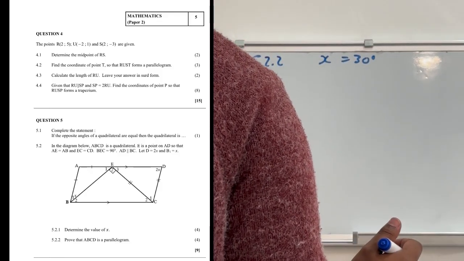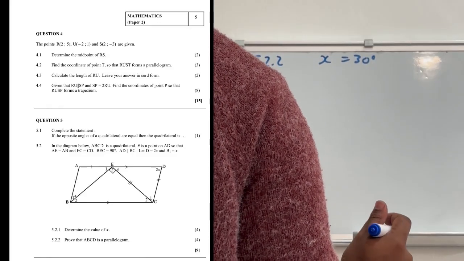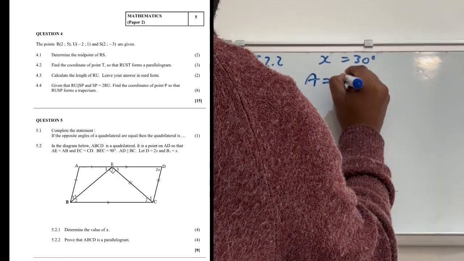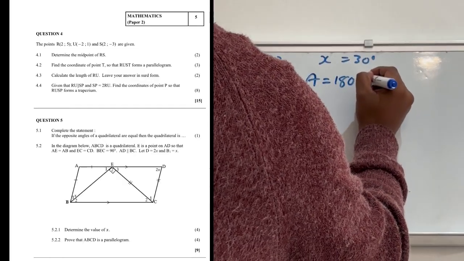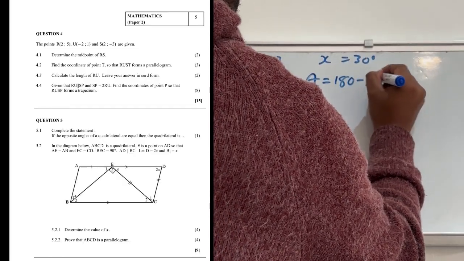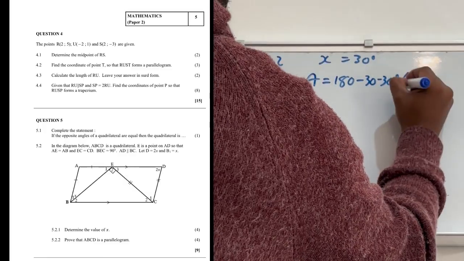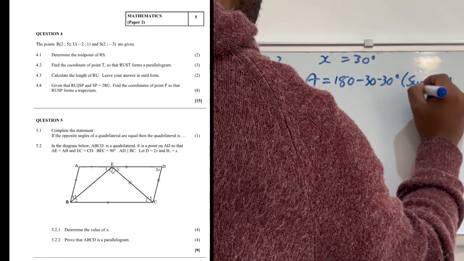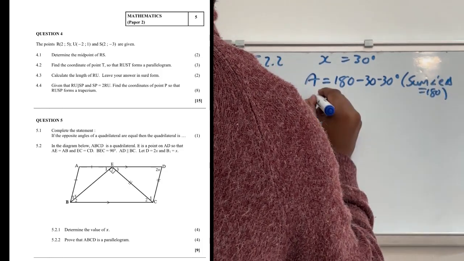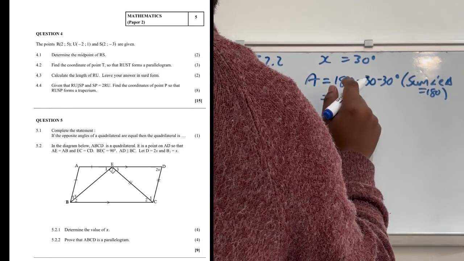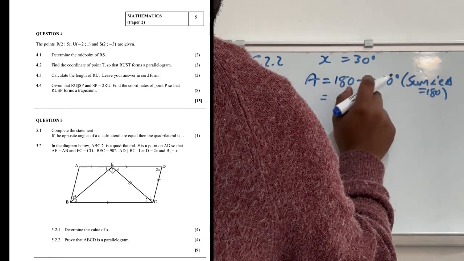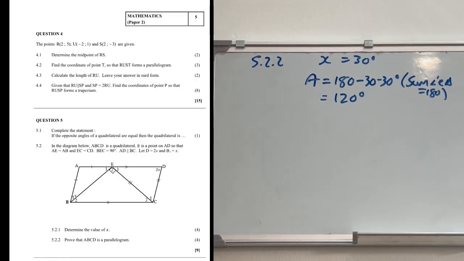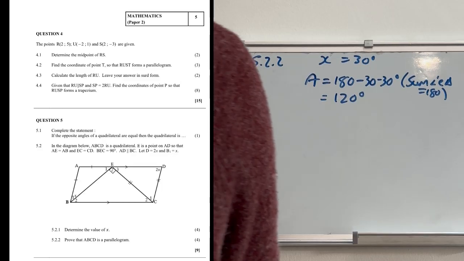We determined x is 30, so A is 180 minus 30 minus 30, because the sum of the angles in a triangle is 180. So A is 120 degrees.